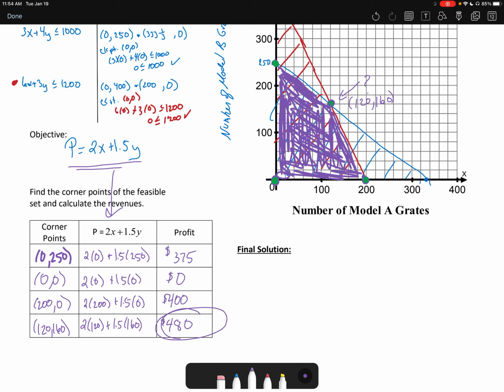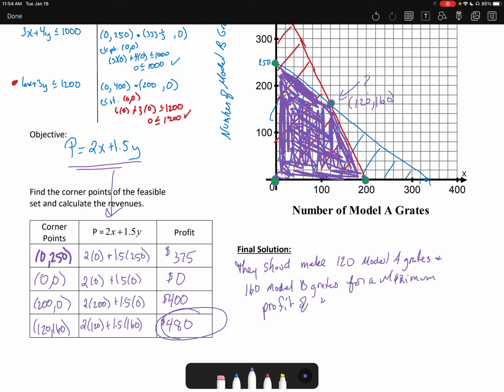That's the max. So for my final solution, I'm going to say something like, they should make 120 Model A's and 160 Model B's for a max profit of $480.